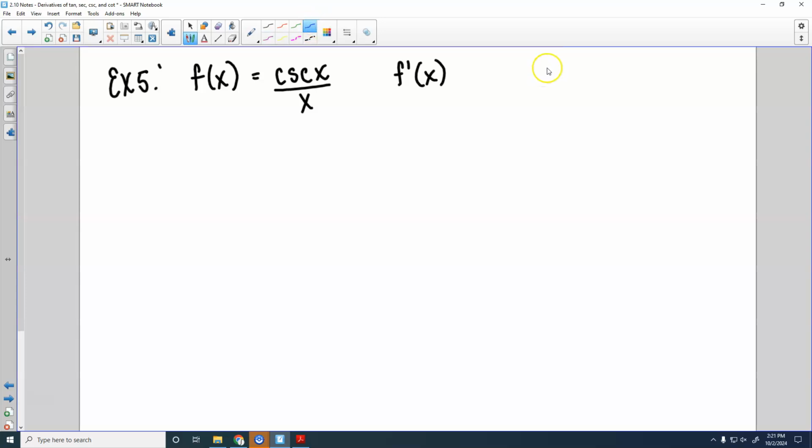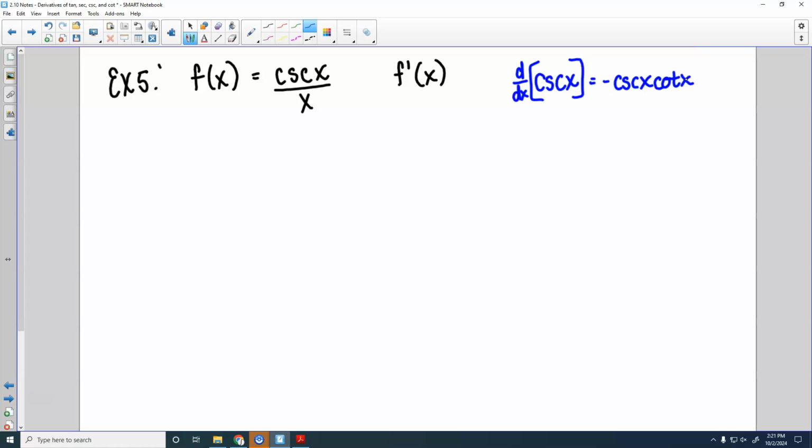But if we just know that the derivative of cosecant x is negative cosecant x cotangent x, because we just found that earlier, then we can use that piece to find this derivative.